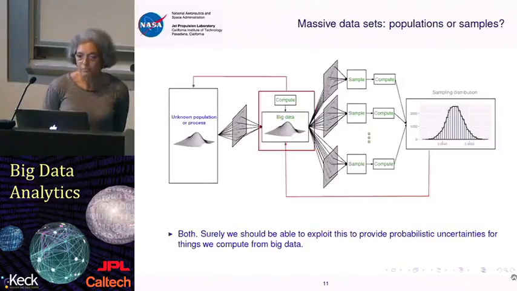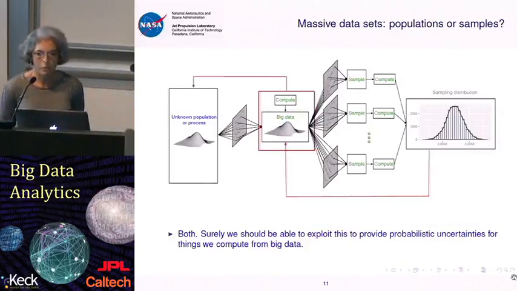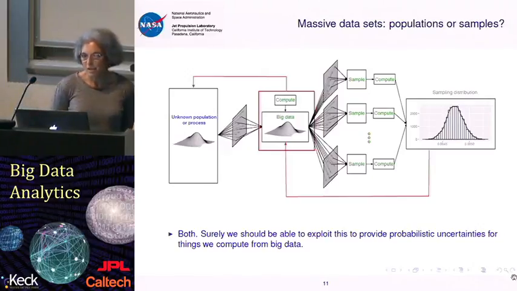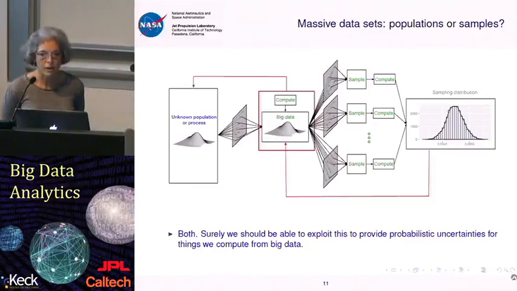So finally, let's talk about the question of whether massive data sets are populations or samples. They're kind of both, actually. They are samples in the sense that they are a random selection of some kind from a larger population or process. But they're also like populations in that we have to do something else. We have to sample from them again.